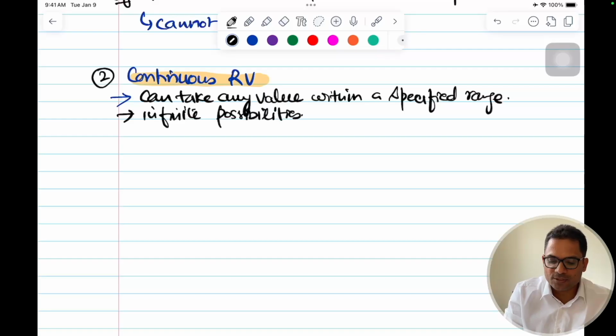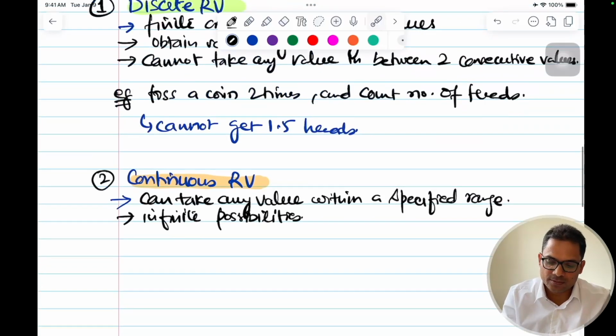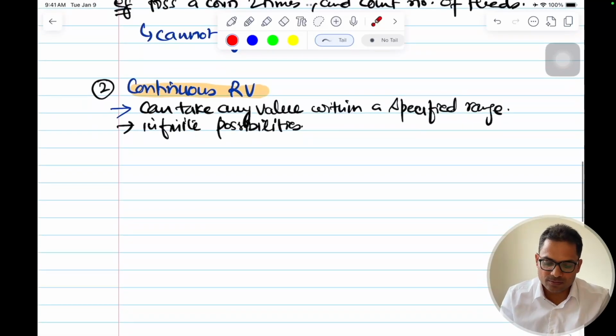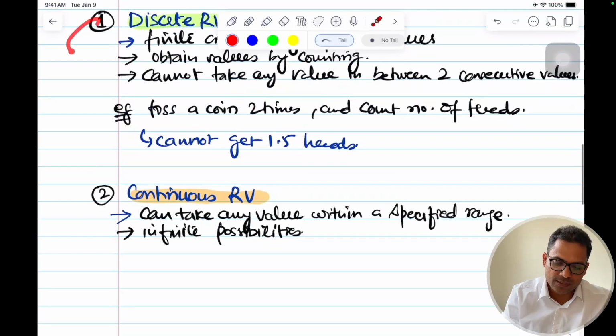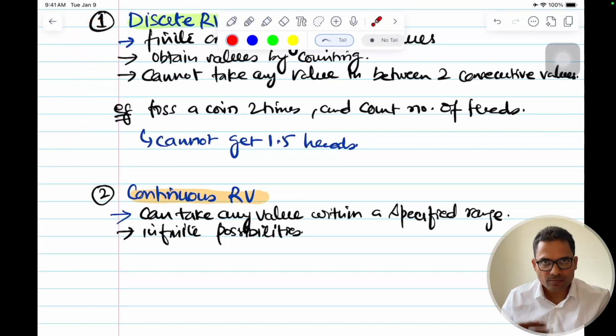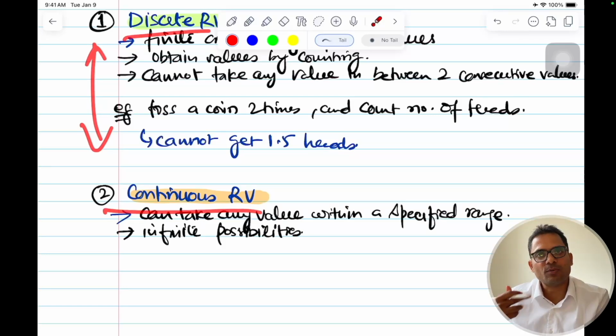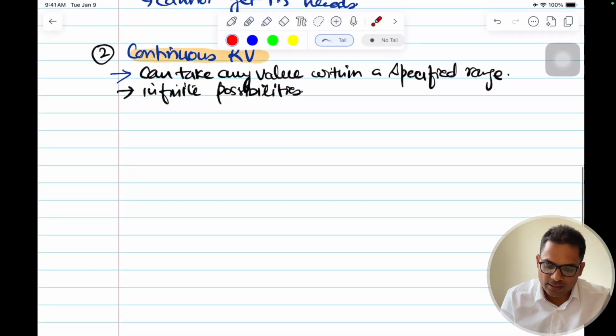This will be a kind of revision for the discrete and continuous events that we have seen earlier. These terms, discrete and continuous, you will see across probability all the time, so this is very important to understand. These terms will keep on coming.